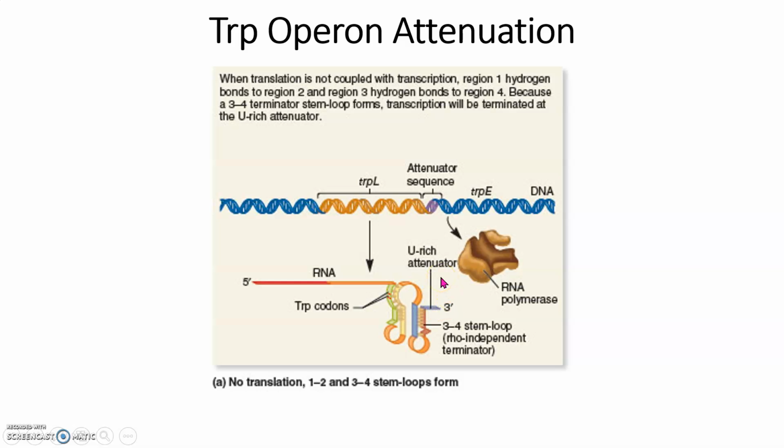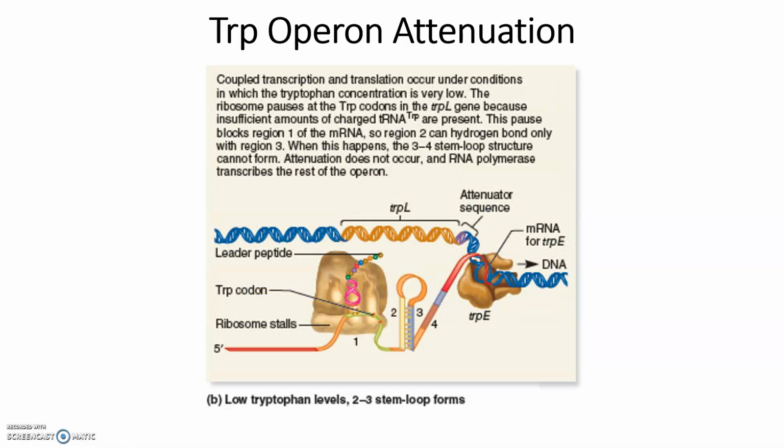So no transcription occurs. In the condition that translation is not coupled with transcription, 1 binds to 2, 3 binds to 4. We have this U-rich region that causes rho-independent termination.